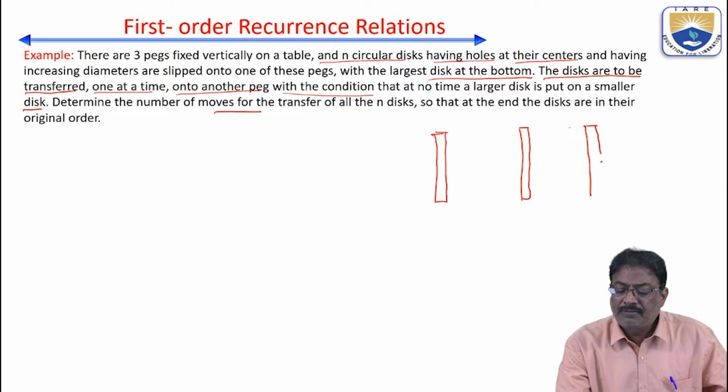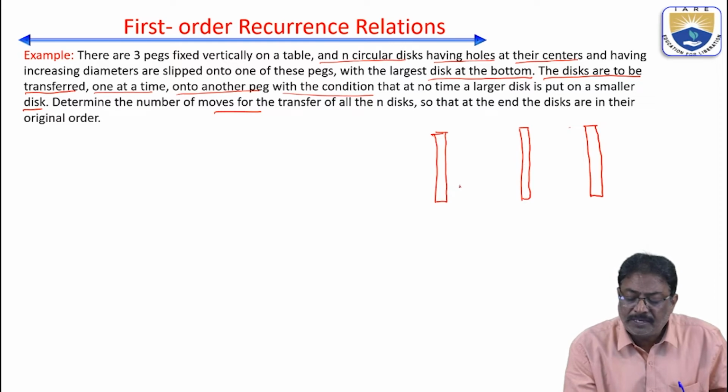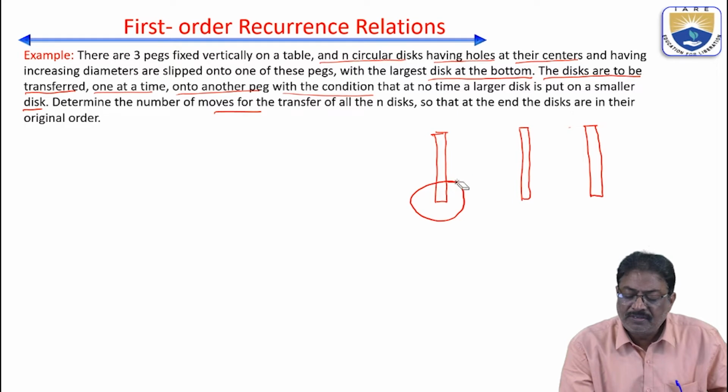Now, there are n circular discs. Let us take this as the largest circular disc, and before that, the next larger is this, the next larger is this, and the next larger is this.